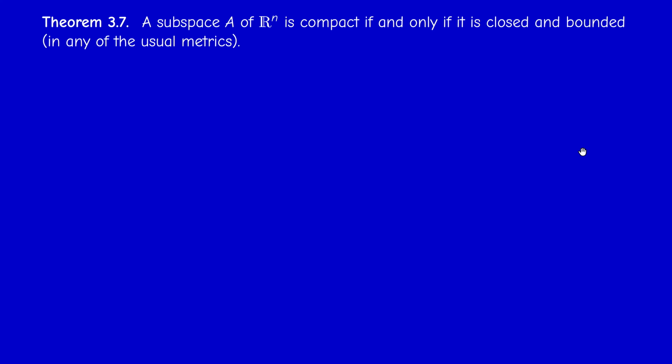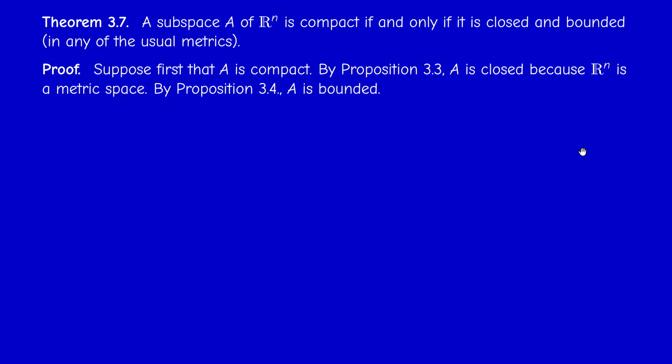One implication was done in a previous section, because we know that if A is compact, then A is closed by proposition 3.3, because Rn is a metric space, and by proposition 3.4 it's also bounded. So a compact set in a metric space in general, not necessarily in Rn, in any metric space, is both closed and bounded. Now the converse is more interesting.